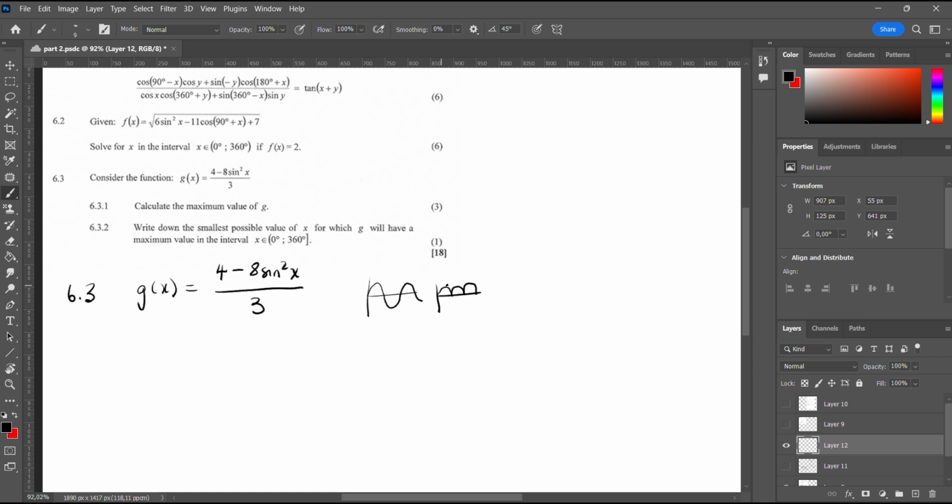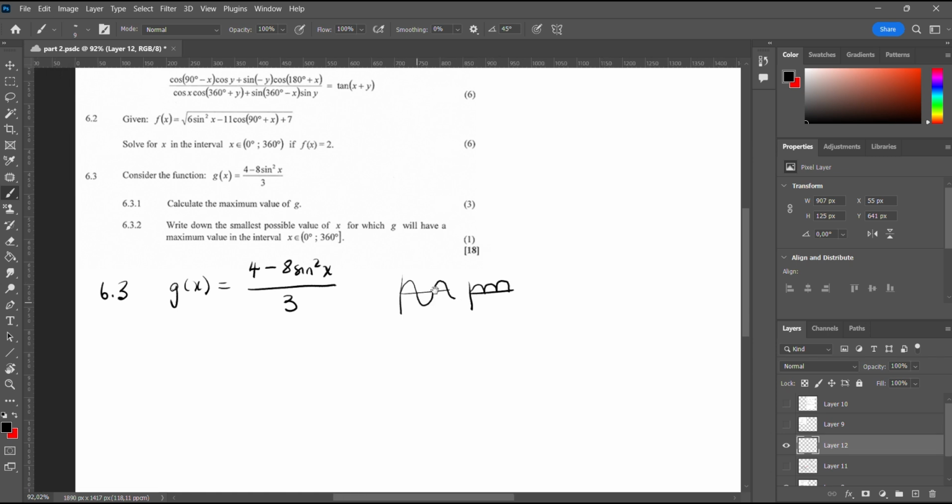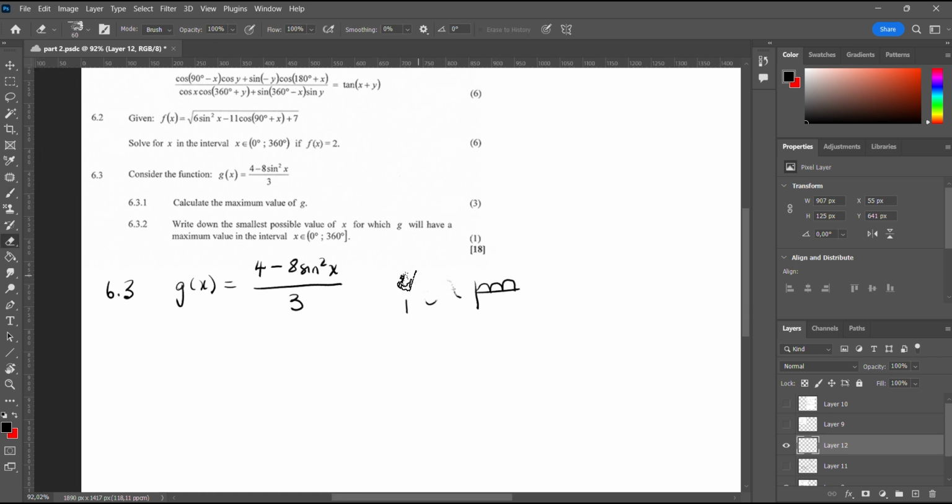So you'll never have a peak and drop and peak and drop, but you are still going to have oscillation. So sine squared x is always greater than or equal to 0. So it's between 0 and 1.